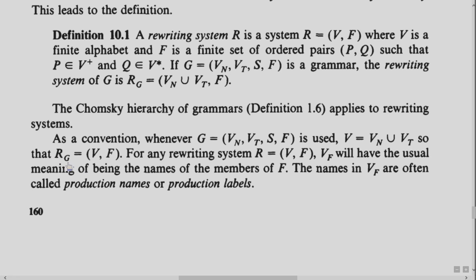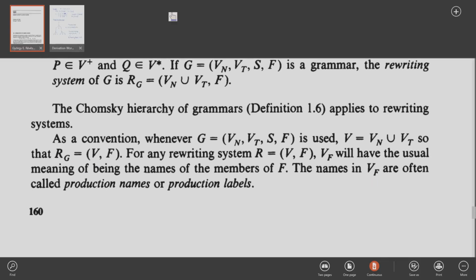So this is the rewriting system. And one more thing I want to mention here: VF is a set of names of the productions. Actually, all the productions are represented by some name. We take an example.